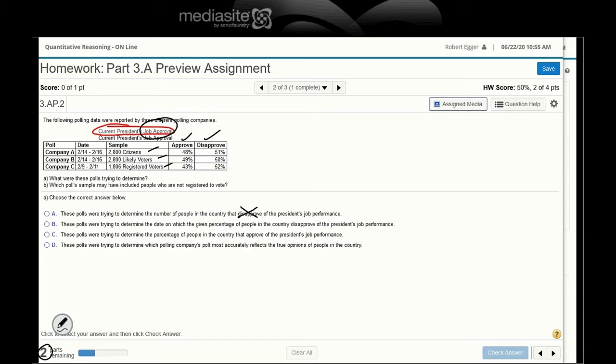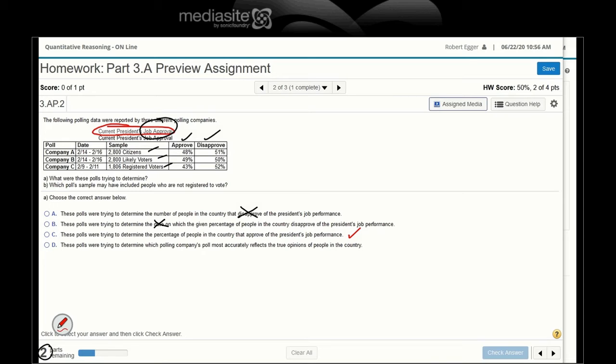No, that's not what they were looking for. These polls are trying to determine the date on which the given percentage of people. Nope. These polls are trying to determine the percentage of people in the country that approve of the president's job performance. That's a possibility. So we're just going to tag that one.